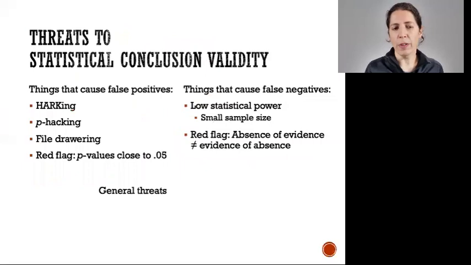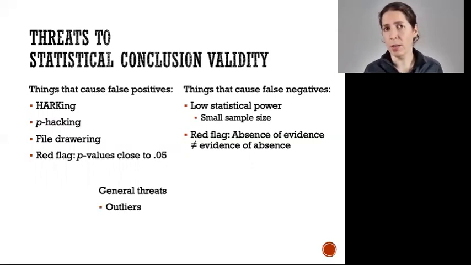There's also a bunch of other general threats to statistical validity that I didn't have time to get into. I just talked about the biggest threats that could cause false positives or false negatives, but there's a lot of other ways that statistical analyses can go wrong and therefore lead to invalid statistical conclusions. Hopefully you've learned about some of these in your other classes. Since this isn't a statistics class, we won't get into them, but I just want to mention a few of them, like if you have outliers, those could be driving the effect and you don't realize it.